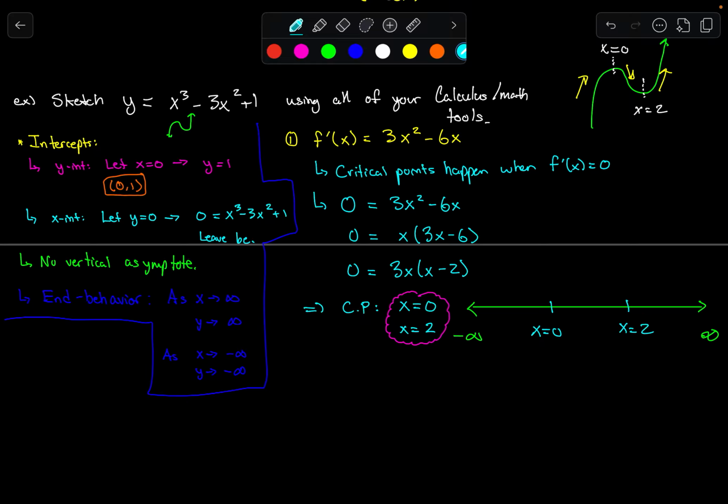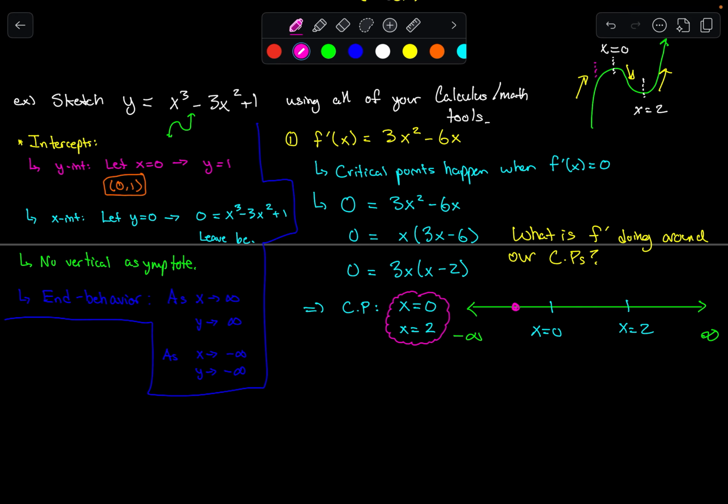And why am I doing this number line? Because the goal is to figure out, what is f prime doing around our critical points, right? What's going on with f prime? And so what I mean is, all I need to do is to pick some x value that's here, right?